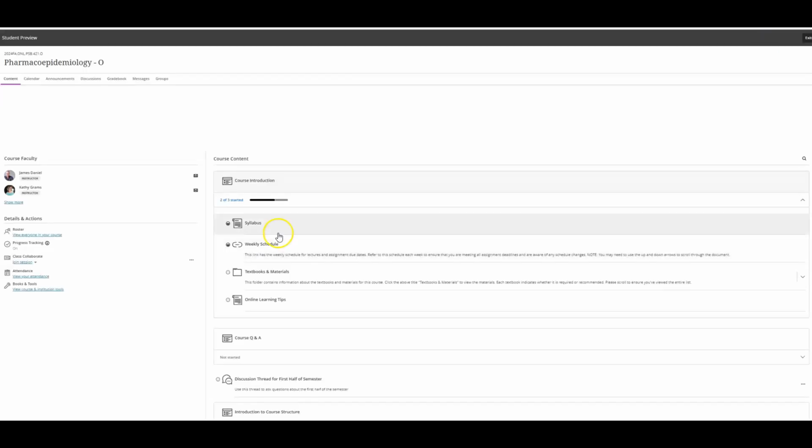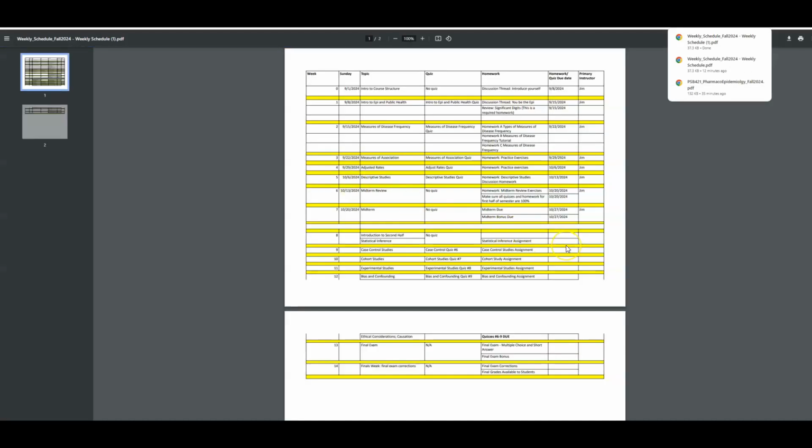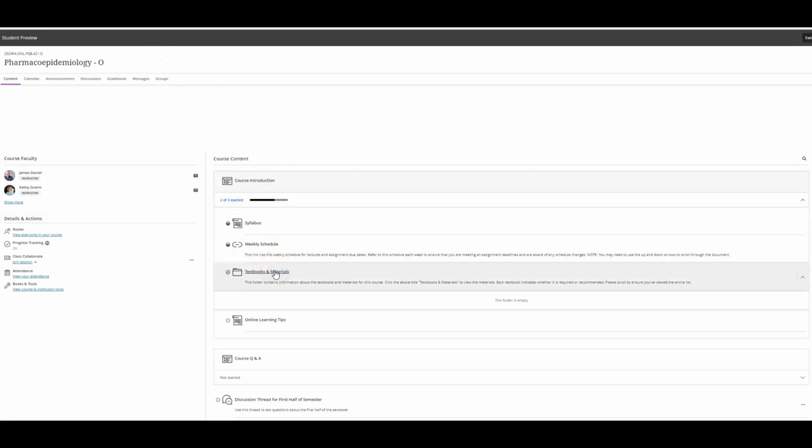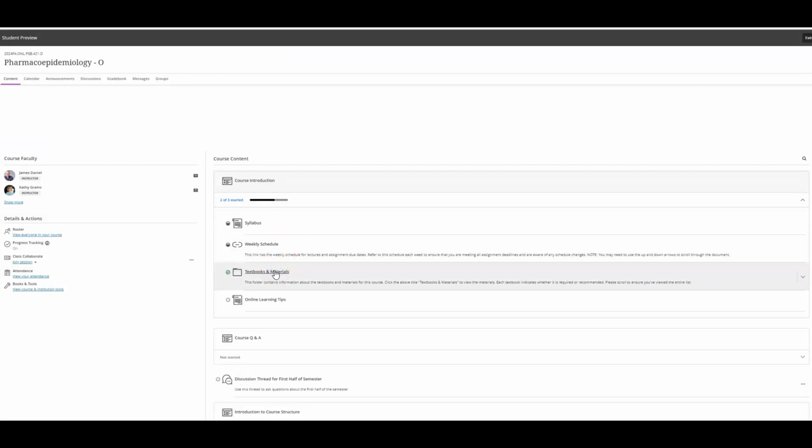That weekly schedule is always going to be your most updated document of what is due when and what we're covering each week. So that is our weekly schedule that will be updated with the second half of the semester too. The textbooks and materials that you'll need are also in that folder.